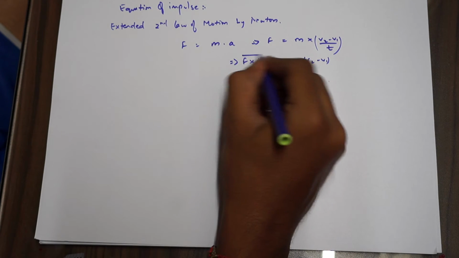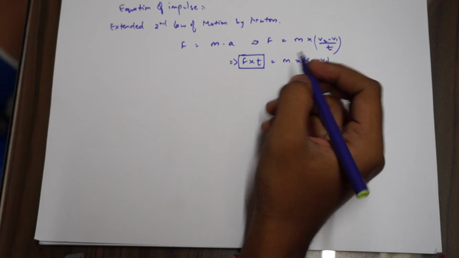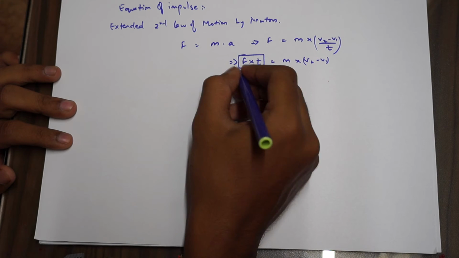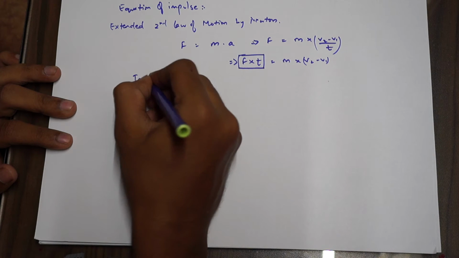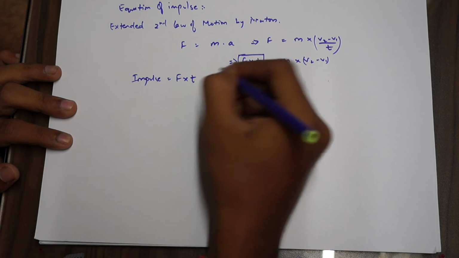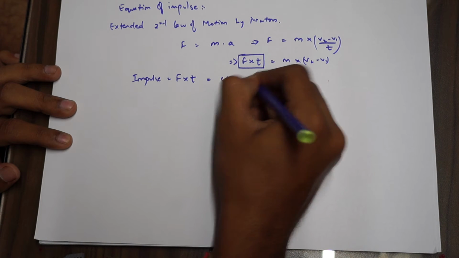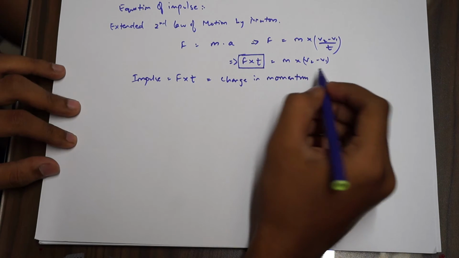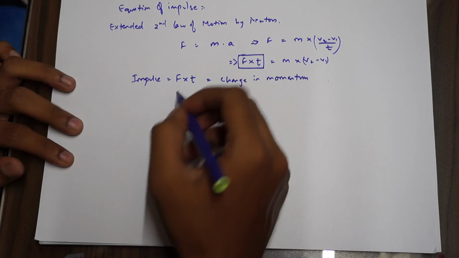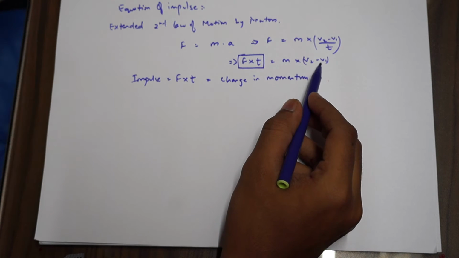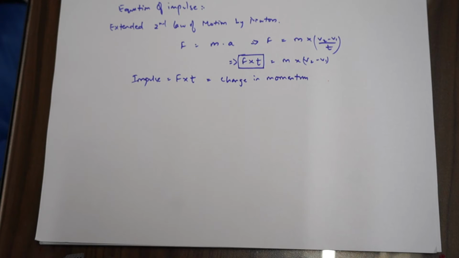So this is impulse. Impulse is force into time, which is equal to change in momentum, that is m into (v2 minus v1), where v2 is obviously the final velocity and v1 is the initial velocity.